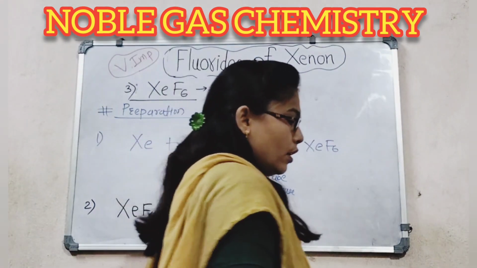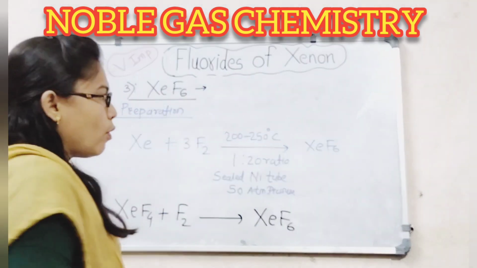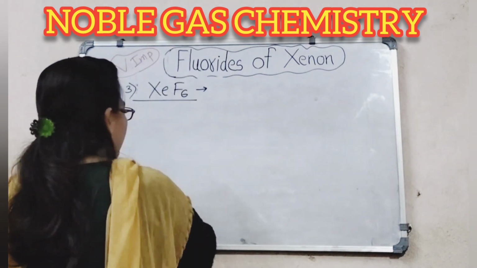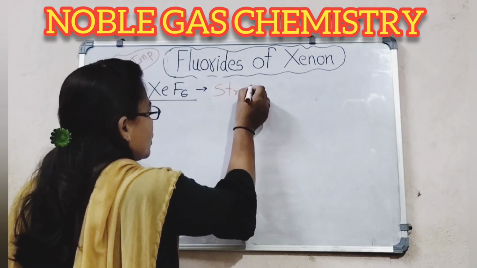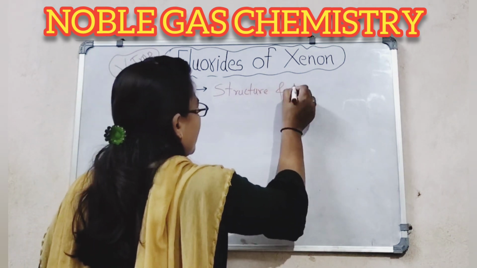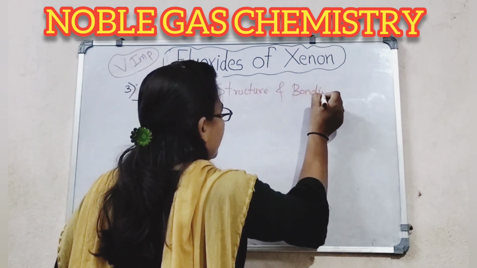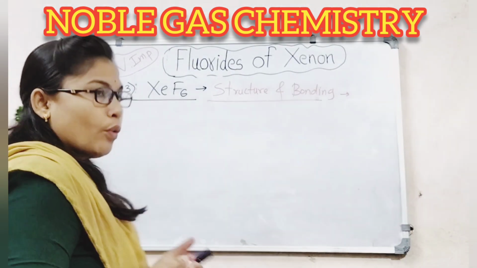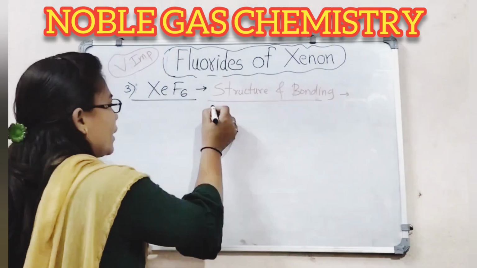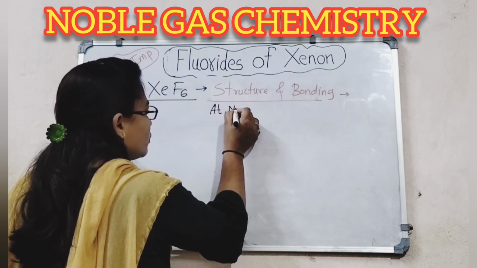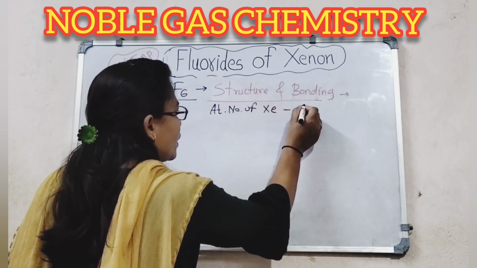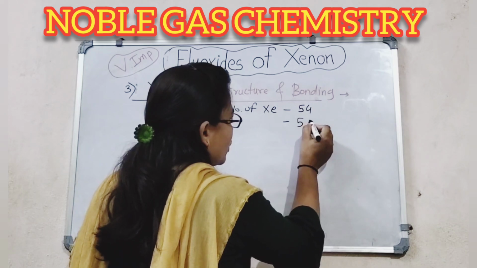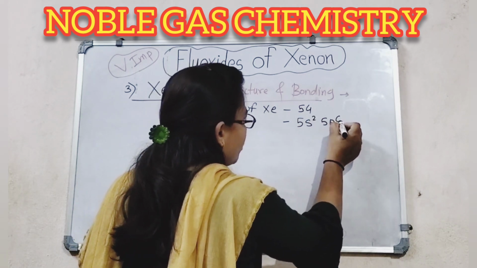Then we see the next point, structure and bonding of xenon hexafluoride. We know that the atomic number of xenon is 54 and the outermost electronic configuration of xenon is 5s2 5p6.